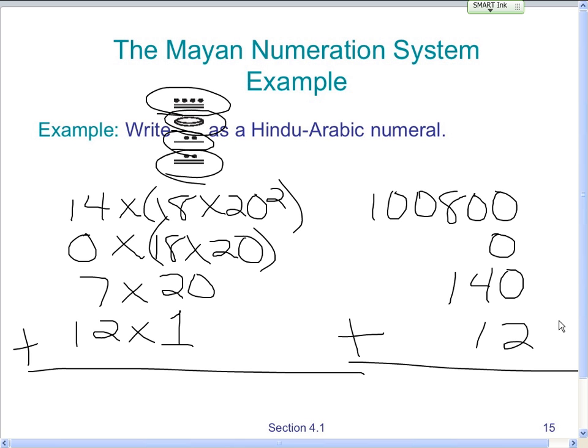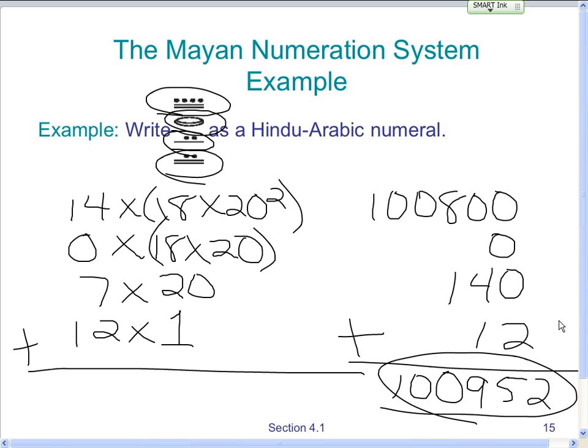So 100,800, add 0, add 140, add 12. And this Mayan number is 100,952. Would be the answer for that problem.